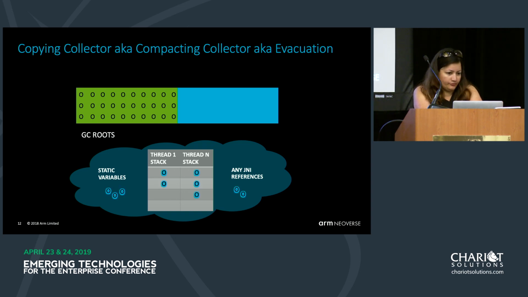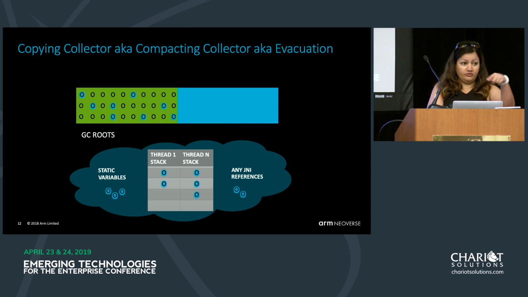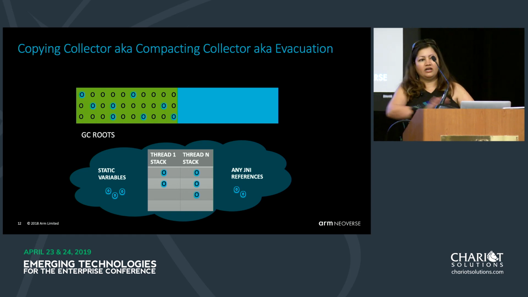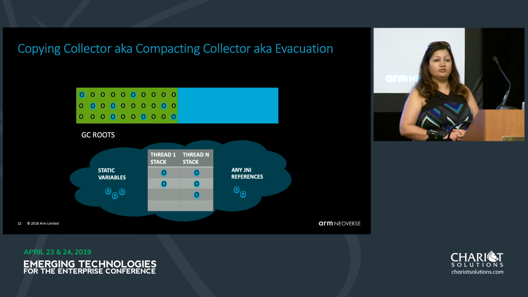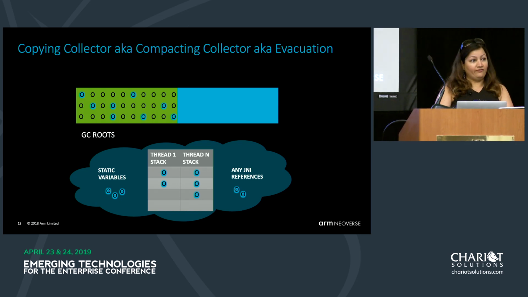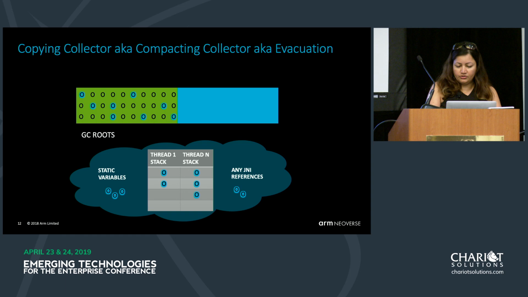And those are your roots. So from the roots, I start marking any objects that are reachable. And then from the reachable objects, other objects that are reachable in the from space. Once that has been done, that means all the live objects are marked. You have your live object graph ready. And now you're ready to be able to move the live objects into the to space.